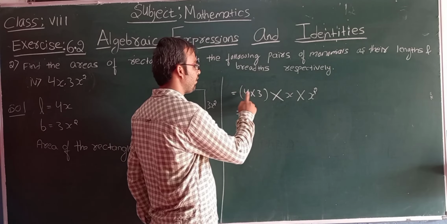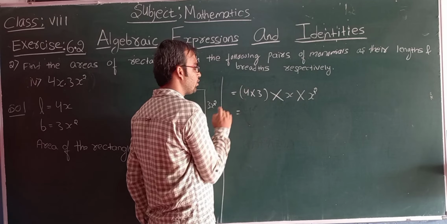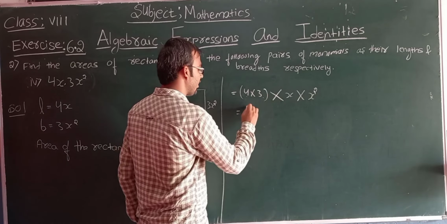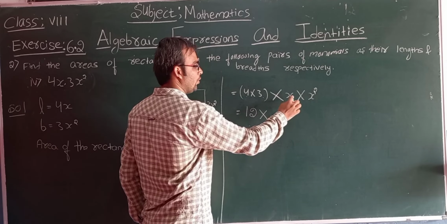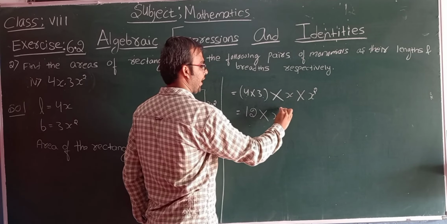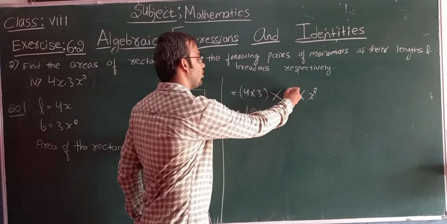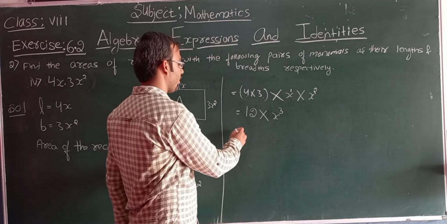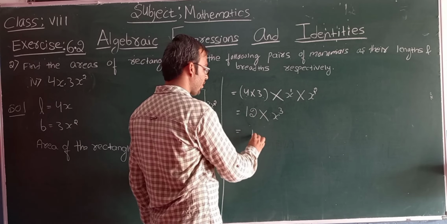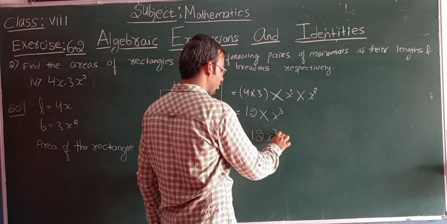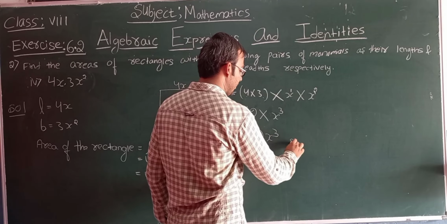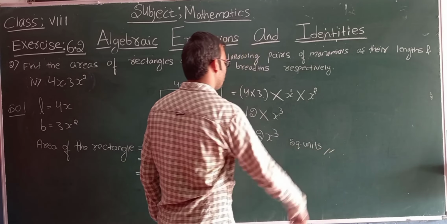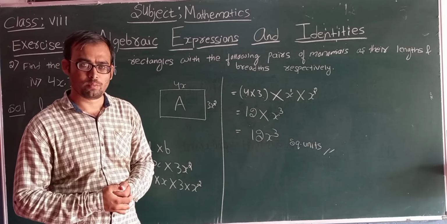Everywhere plus is there, so plus into plus is plus only. 4 3s are 12, and x into x square will be x cube. Here nothing is there means 1 will be there. So 12x cube, and as this is area, you can write square units. This is the solution for the fourth problem.